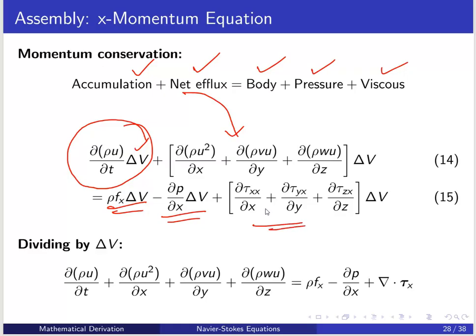Dividing by δV, we get ∂(ρu)/∂t + ∂(ρu²)/∂x + ∂(ρvu)/∂y + ∂(ρwu)/∂z = ρfx − ∂p/∂x + ∇·σ. We did that earlier, so here we can write either τ or σ. So this is the Navier-Stokes equation.